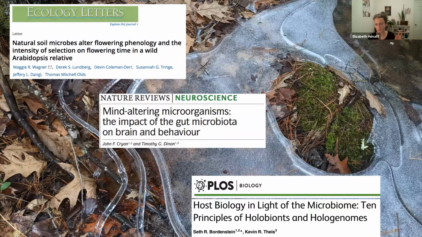So these are just a couple of examples, but there's many, many examples that show that the phenotypes or physical characteristics of macroscopic organisms like plants and humans is due not only to the genotype or genes that a given organism encodes, but also the genotype of the microorganisms with which they interact.